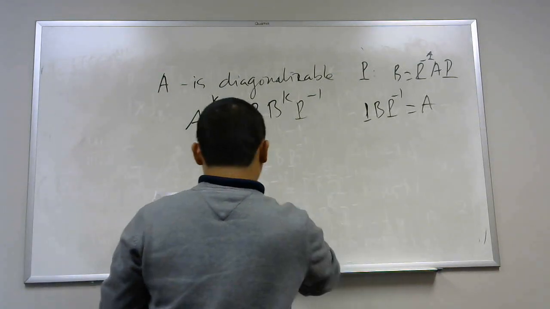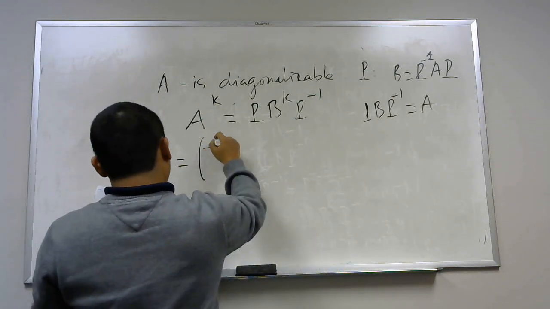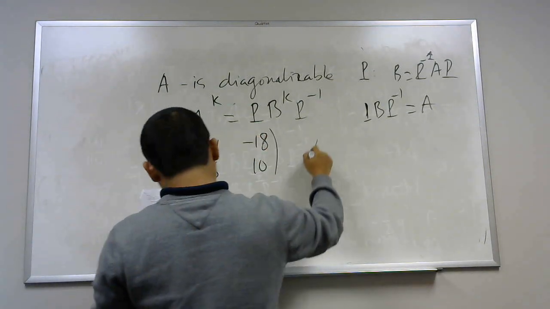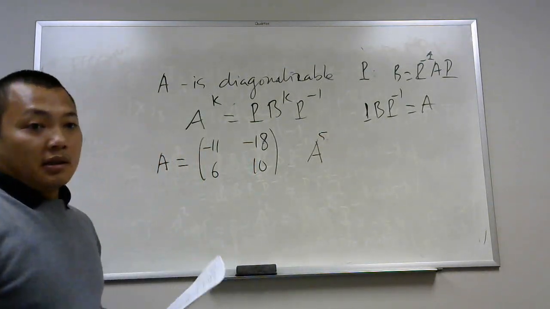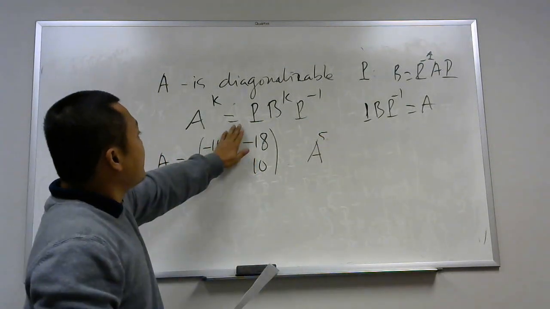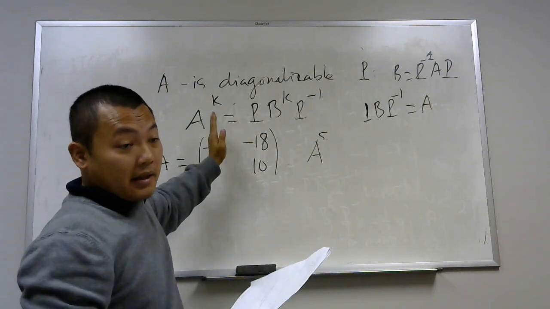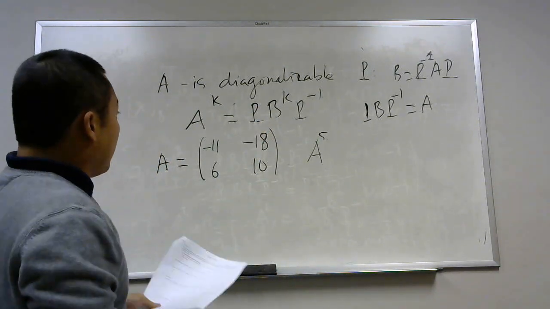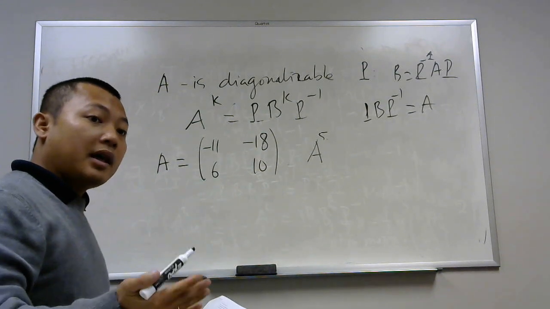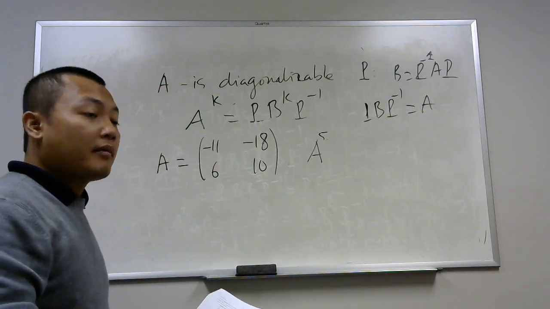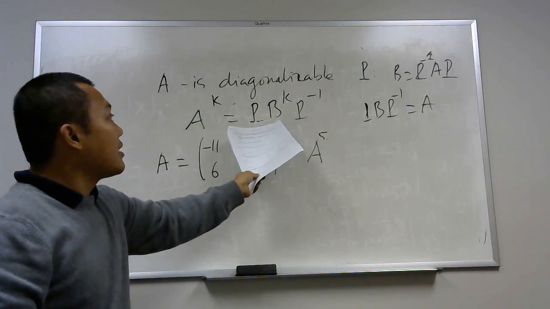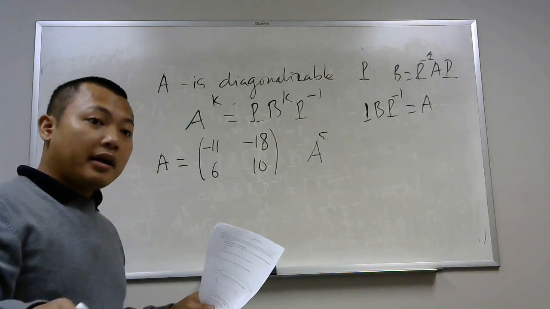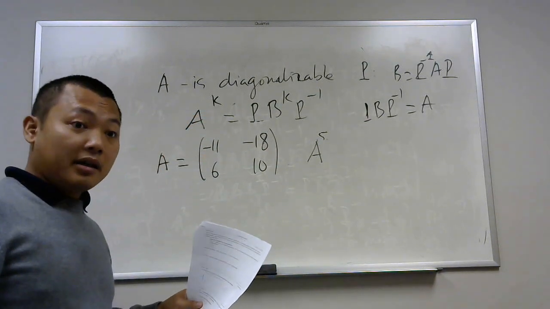They give us A equal to the matrix with rows (-11, 18) and (-6, 10), and they ask us to find A^5. So first we need to find this form, or basically we need to find P. So we need to find eigenvalues and eigenvectors, and from that we find P. Then we plug P and P^(-1) into this. In this case, B is the diagonal matrix where the main diagonal contains all eigenvalues of A.